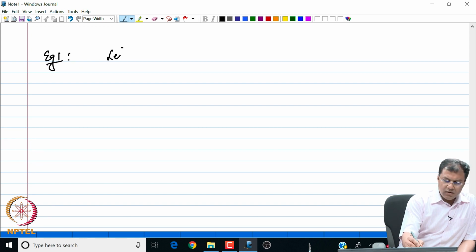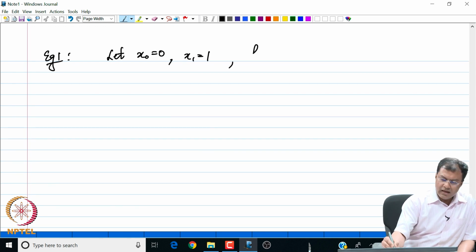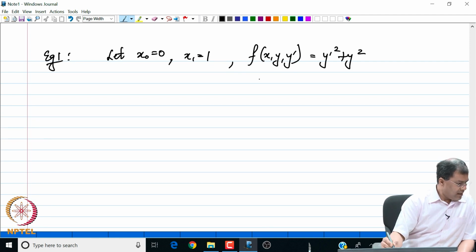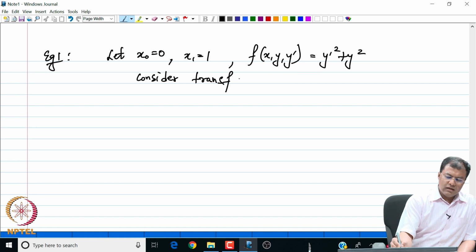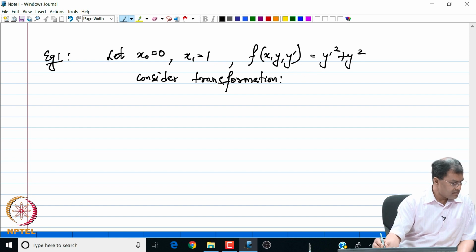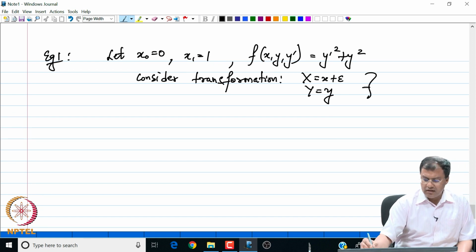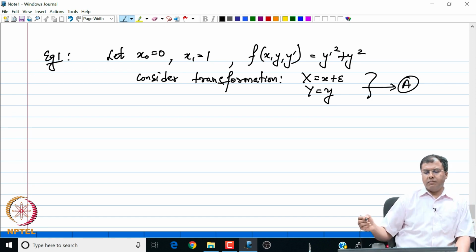Let x0 be 0 and x1 be 1, and f of x comma y prime is equal to y prime square plus y square, and we consider the transformation capital X is equal to x plus epsilon and capital Y is equal to y, that is our translational transformation.